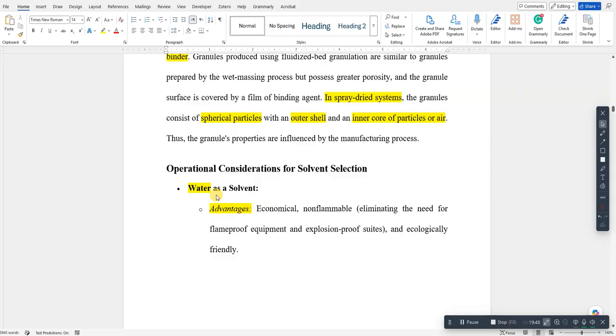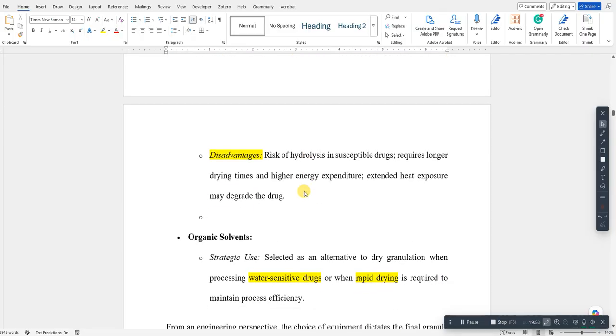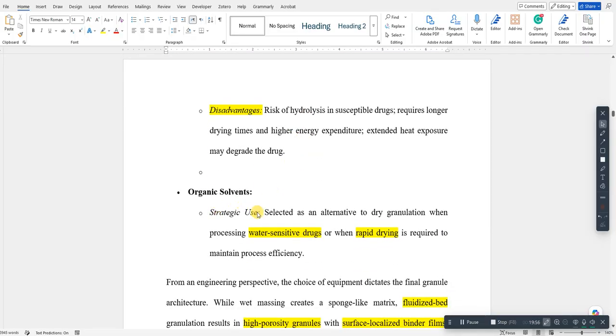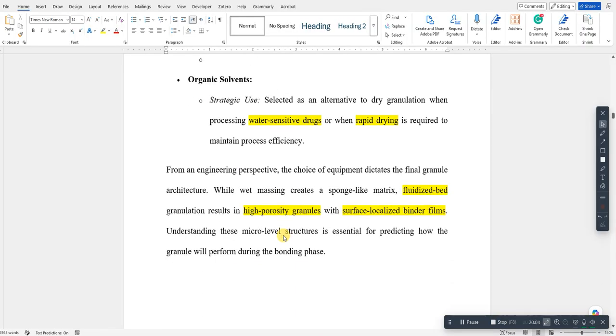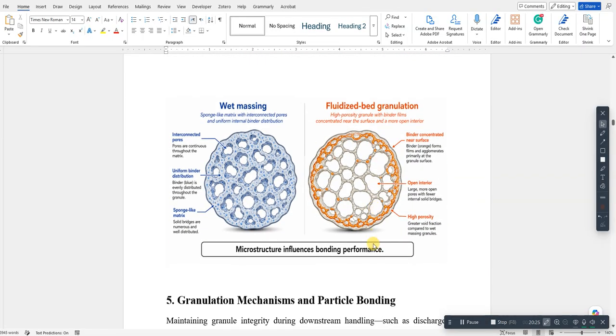As we already talked about, the solvents, their advantages and disadvantages, and for the organic solvent, as we said, we can use it when we have a water-sensitive drug. One of the methods to produce granules is fluidized bed granulation, and this one produces high porosity granules, and the surface of the granules will have the binder film as you will see here.